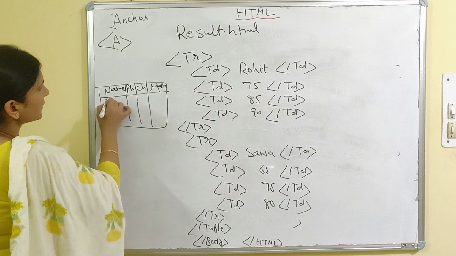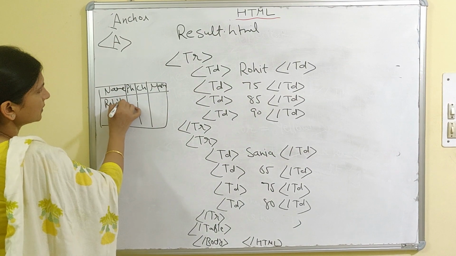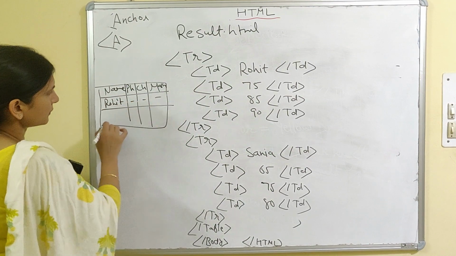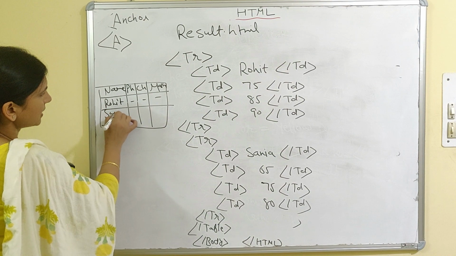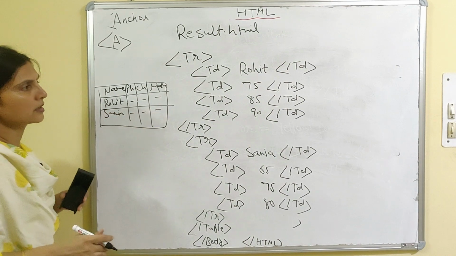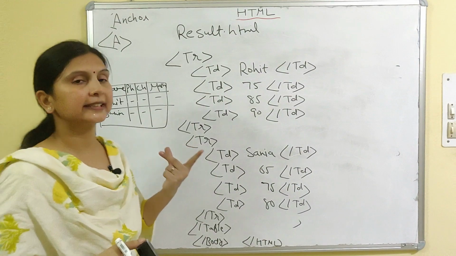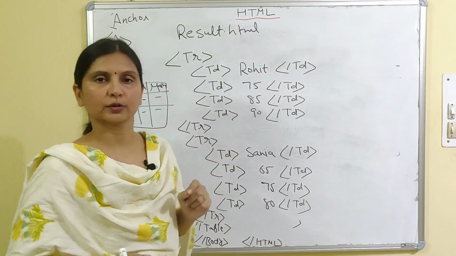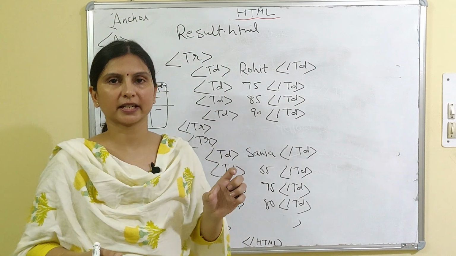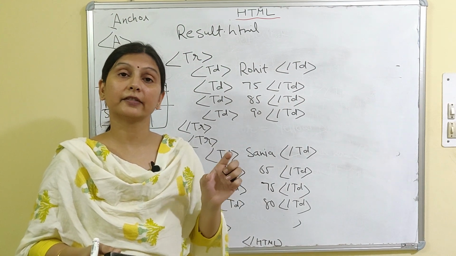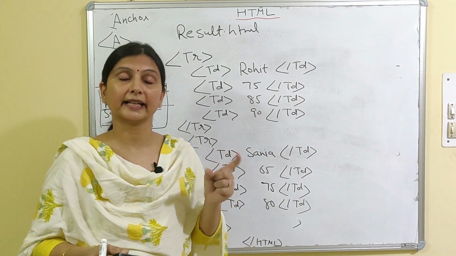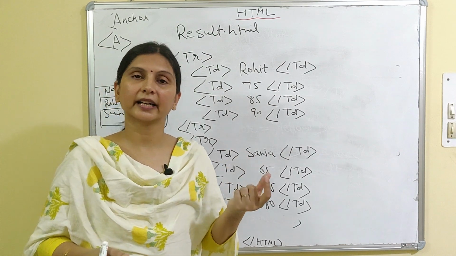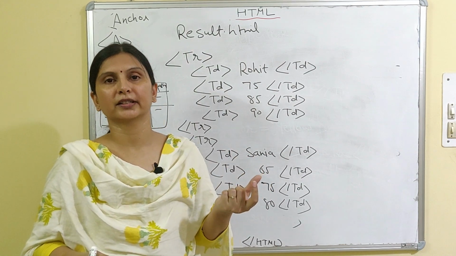And name first we are given Rohit, and marks of Rohit, then Sanya and marks of Sanya. So what we have done, we have created 2 files, link.html and result.html. Separately we have saved, but we will save at the first one place only. Like if you have saved in D drive, the both files should be in D drive.